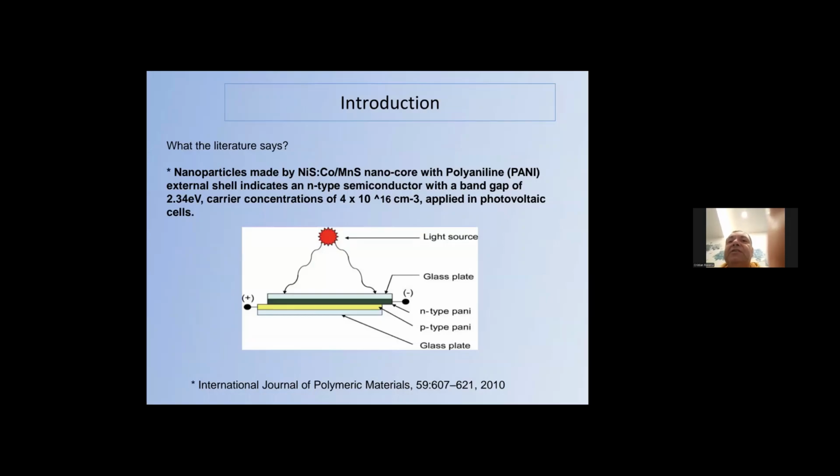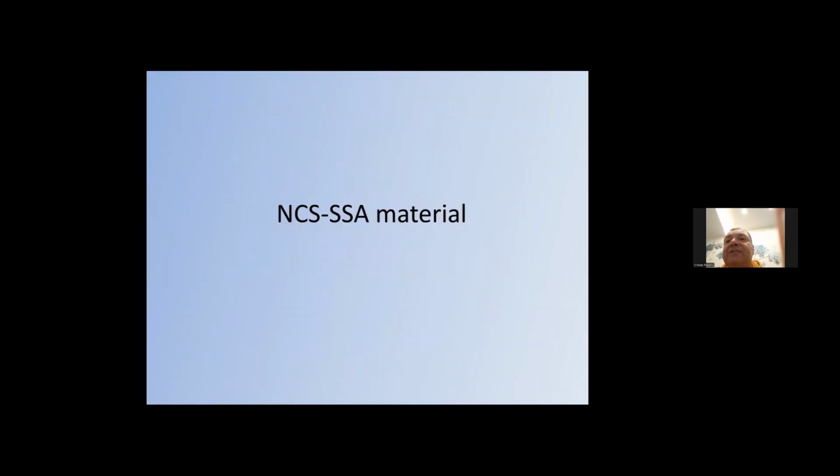What does the literature say? They also used nanoparticles, but made with cobalt and manganese nanocore, and they used polyaniline as external shell, producing an N-type semiconductor with a large band gap, 2.3 electron volts, carrier concentration 4 times 10 to the 16, applied in photovoltaic cells that practically are photodiodes, as you see.